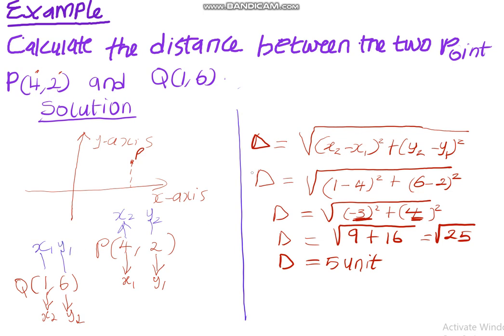If you still plug it into the formula, you will still arrive at the answer that the distance between point P and Q is 5 units.